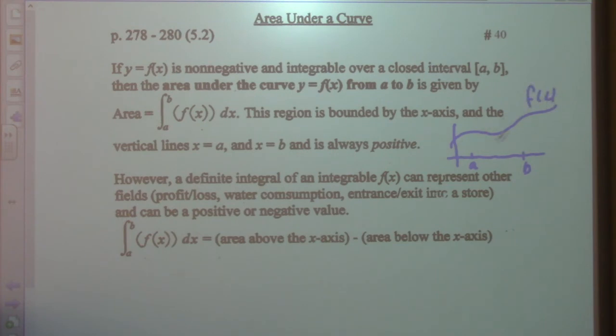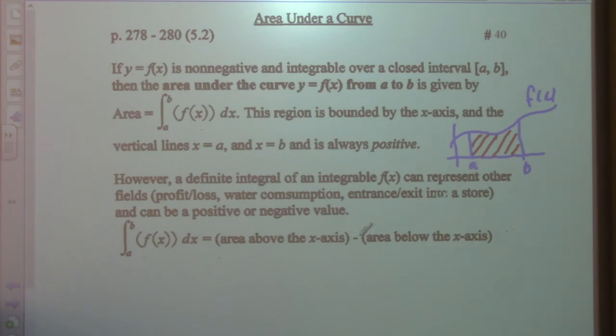We're taking these vertical lines that separate off this area, and this area between a and b is right here. This is the integral from a to b of f of x dx. That's what this whole area is here.